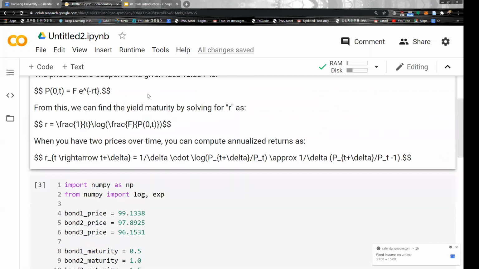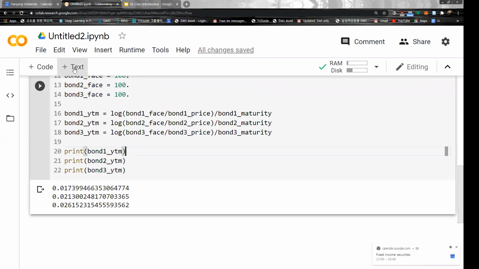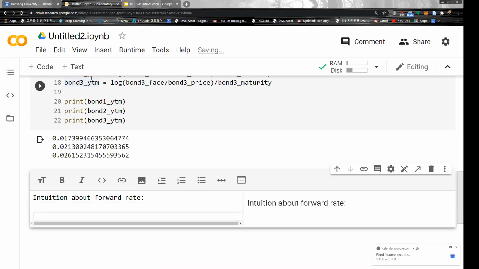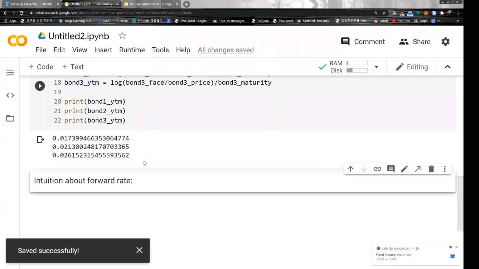Let me write down over here. Intuitively, what we can do is, intuition about forward rate.